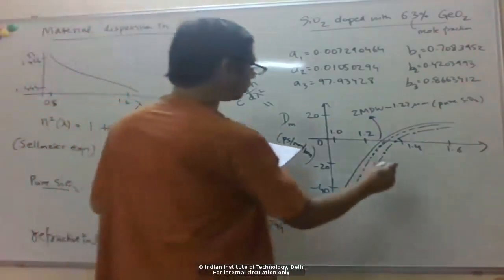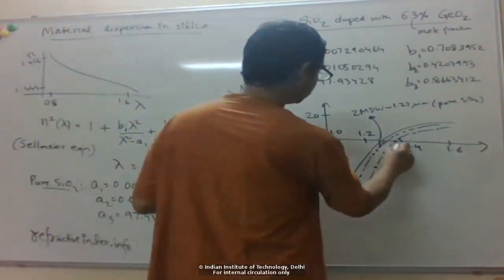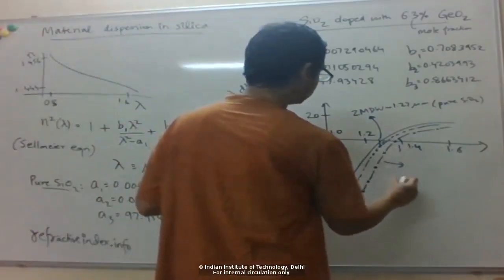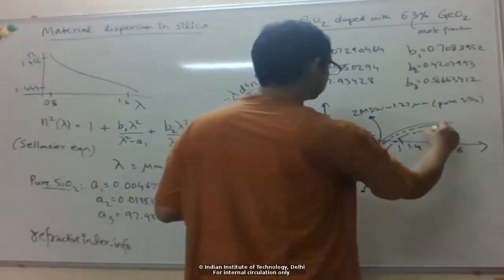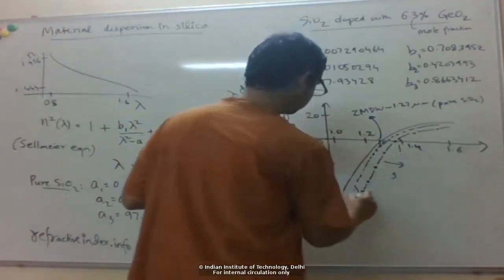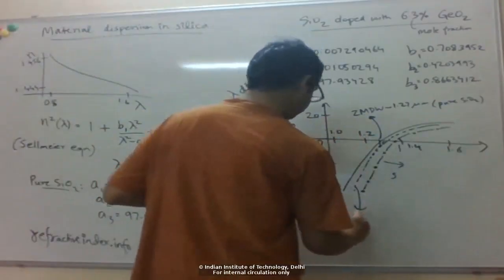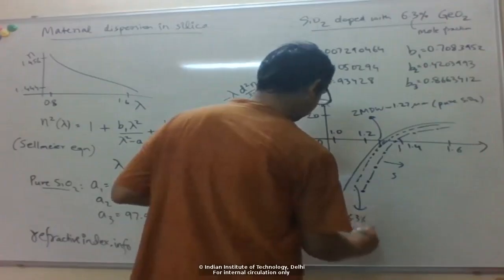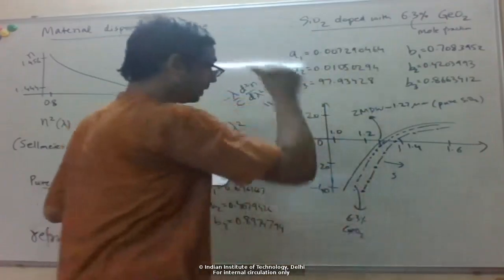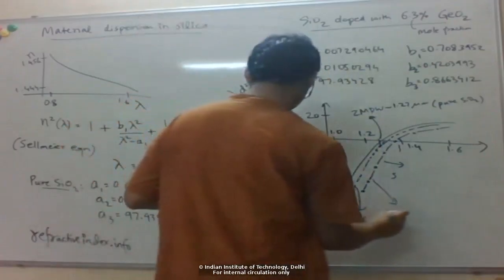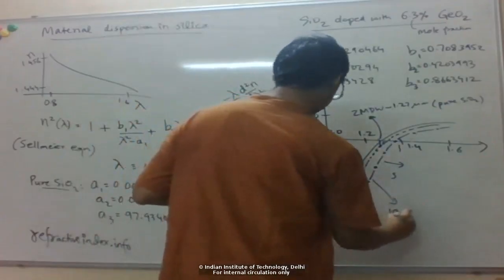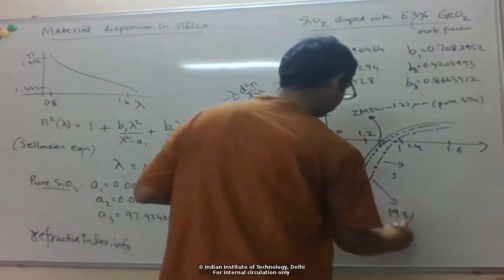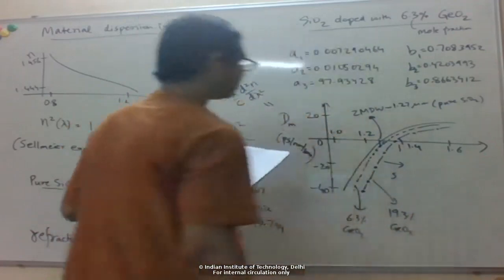So basically you can see from here, you can shift the zero dispersion wavelength. This middle dotted line here is for 6% GeO2, and then this one here is for even higher, 19% germanium.